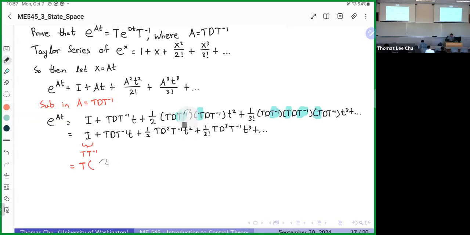Then I get your identity matrix plus d t plus 1/2 d squared t, plus 1/3 factorial d cubed t cubed going to infinity. I'm going to close that parentheses and pull out a t inverse here.